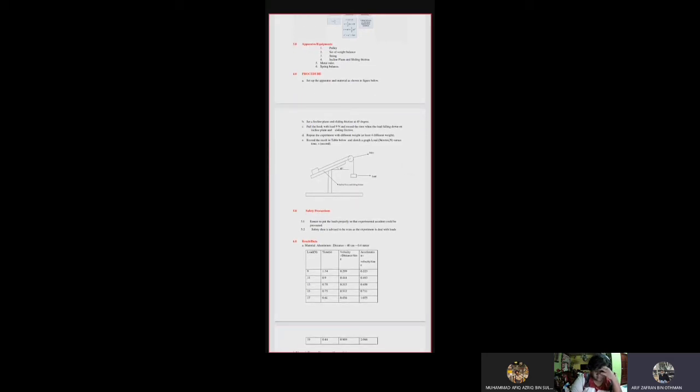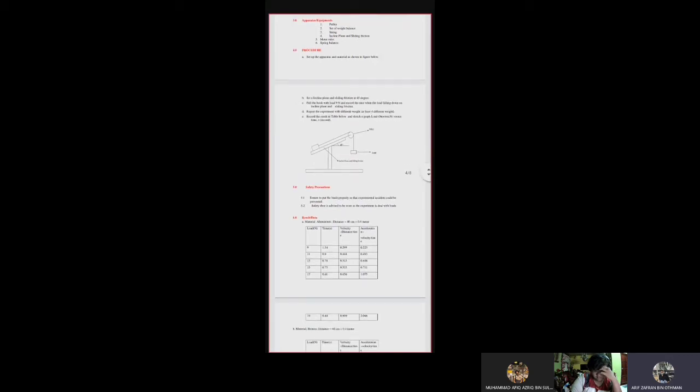Step 2, set the inclined plane and sliding friction at 45 degrees. Step 3, pull the hook with a load of 9 Newton and record the time when the load falls down on the inclined plane and sliding friction. Step 4, repeat the experiment with different weights, at least 4 different weights. Step 5, record the result in the table below and sketch a graph of load in Newton versus time.